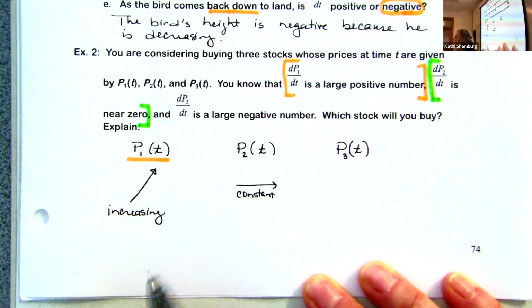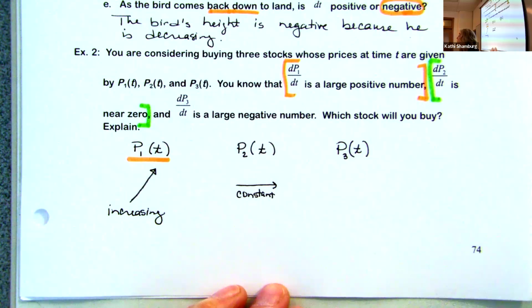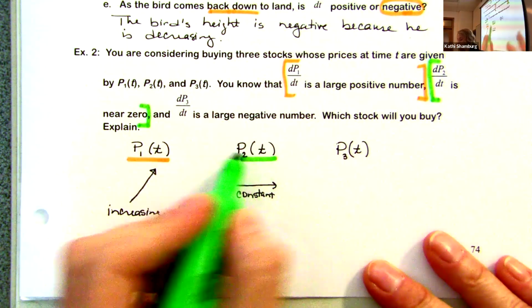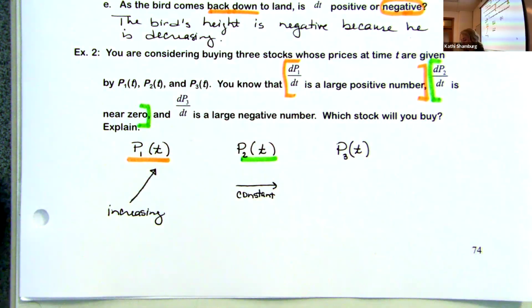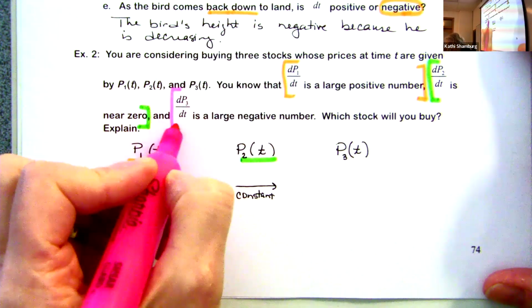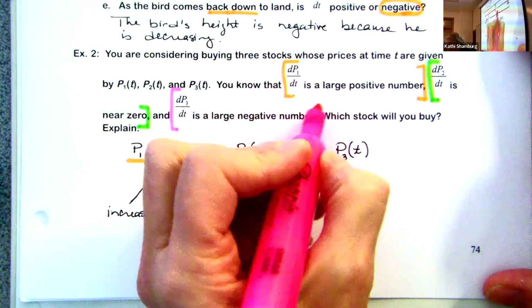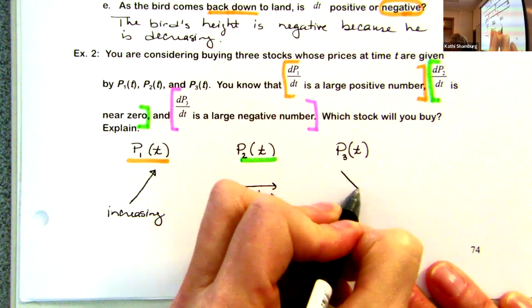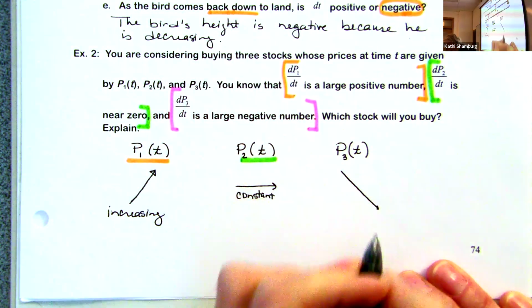Meaning, boo, I'm not making money, but yay, I'm not losing money either, right? So if you want to look at half empty or half full. And then lastly, the third stock, the change in my money over time is a large negative number. So that tells me my money is doing what? Decreasing. That's a big fat boo.